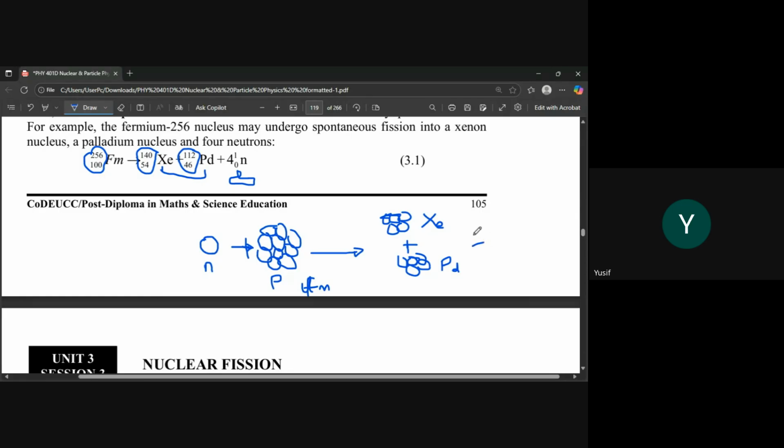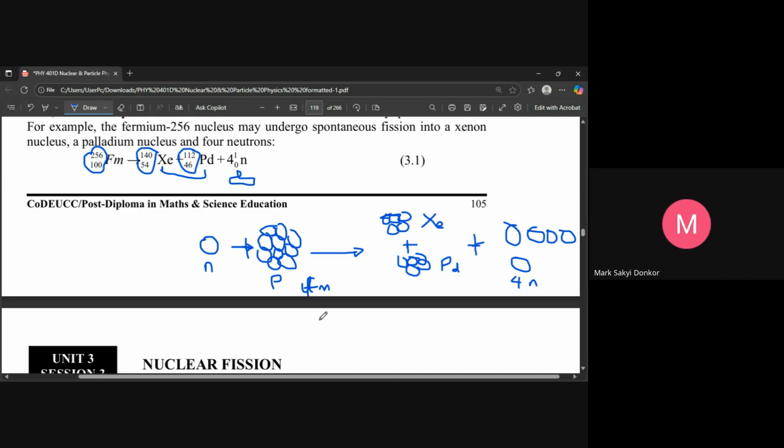Then you have to tell me there's supposed to be an extra thing being produced, which is, let's say, 4 neutrons. Or someone can just write 4 and then add the n to it. So at the end of the day, when you add this to all this here, it has to give you the sum of whatever you're having over here. I hope it's clear.